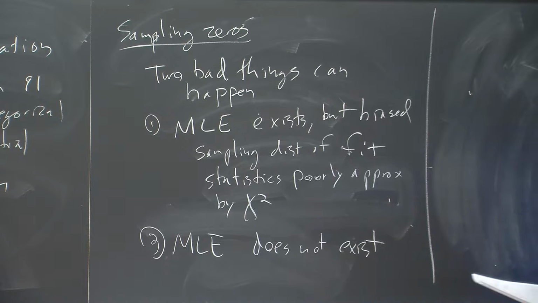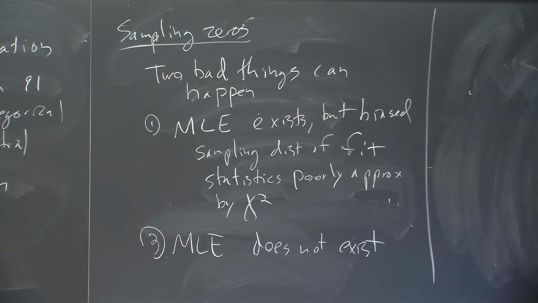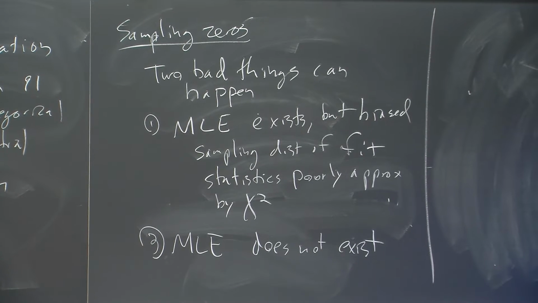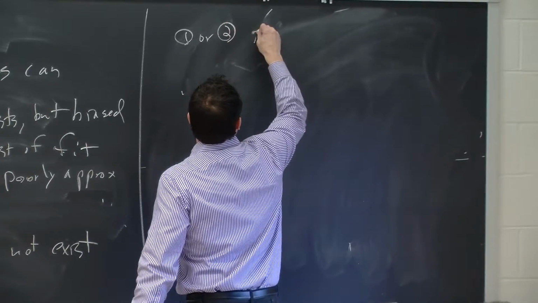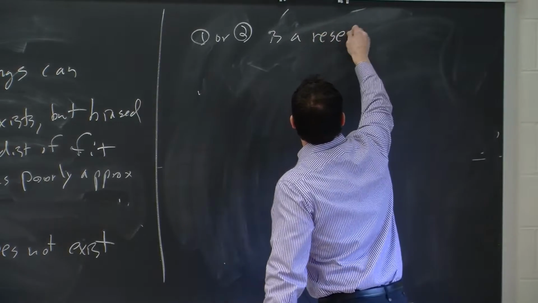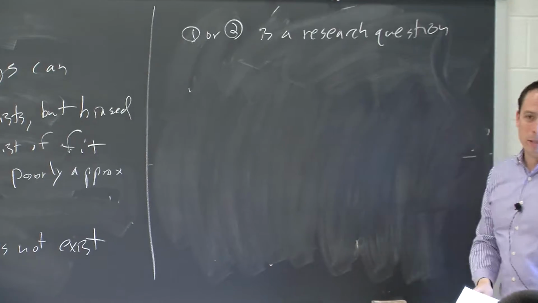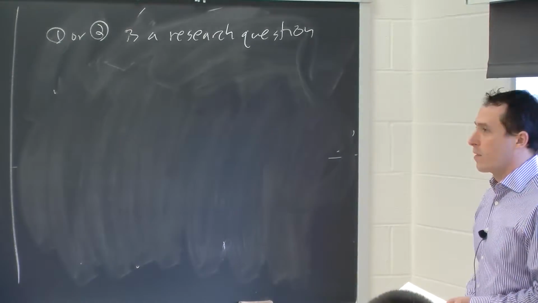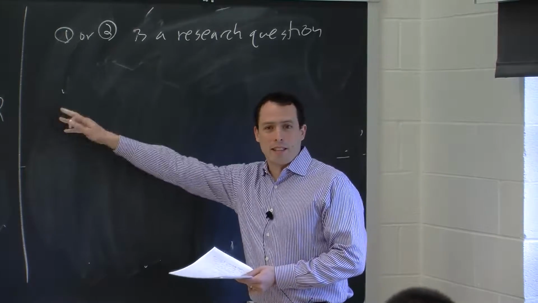So I should warn you that which of these cases we're in, so the existence of a maximum likelihood estimator in the presence of sampling zeros, is a subtle question. And it's actually a question that's actively being looked at right now in research. So in other words, take a data set and tell me, does the maximum likelihood estimate exist or not?